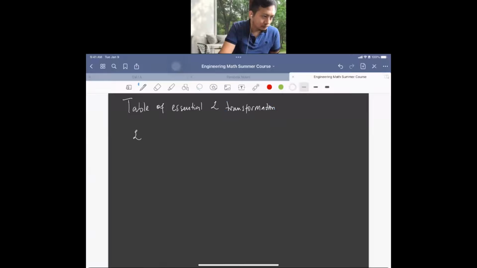So we have the Laplace of a constant C, where C is an arbitrary constant. We have C over s, right?